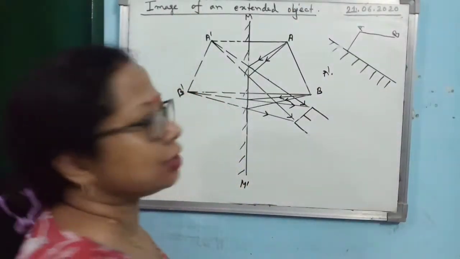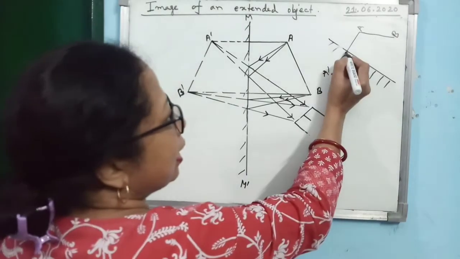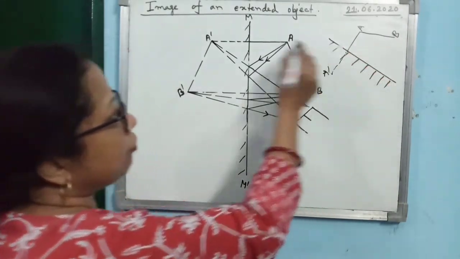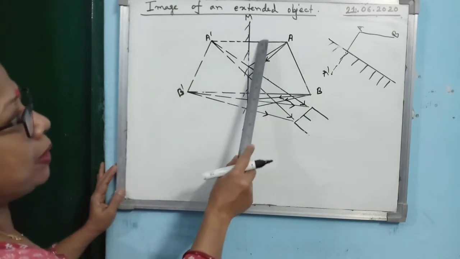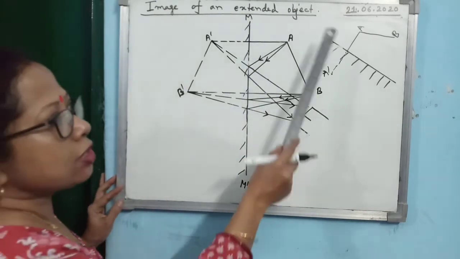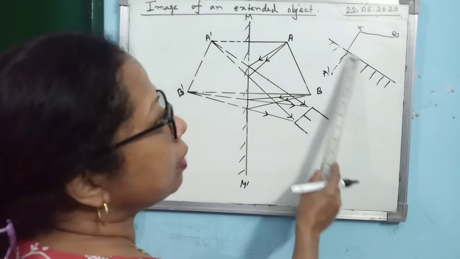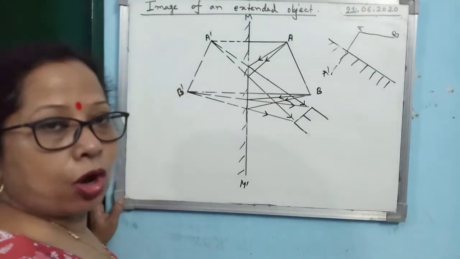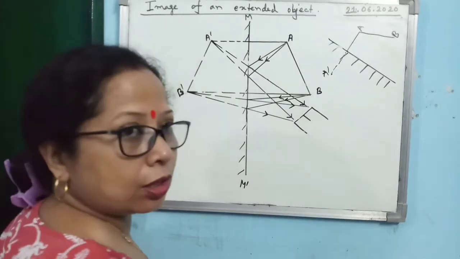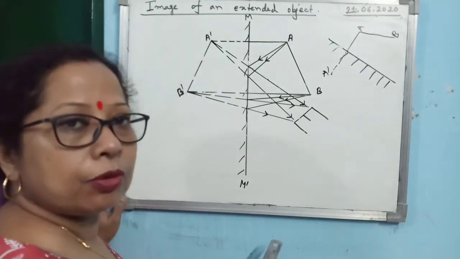Means mark A dash. So you see, again the same method only we are doing. Means here, see the line A dash, it is perpendicular to the mirror. So it does not matter how the mirror is oriented and where the object is. The object you have to keep definitely in front of the mirror. Then only the image will be formed.